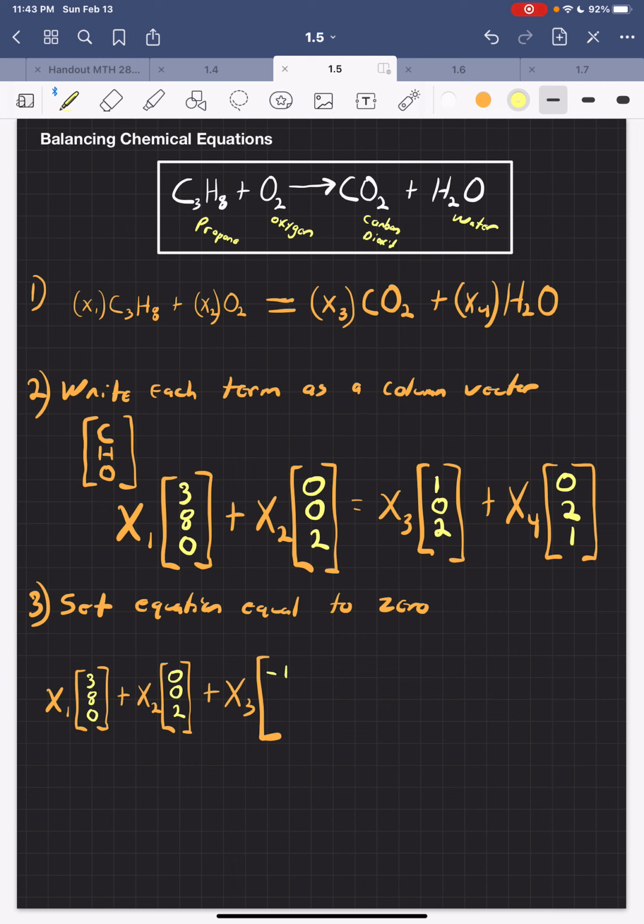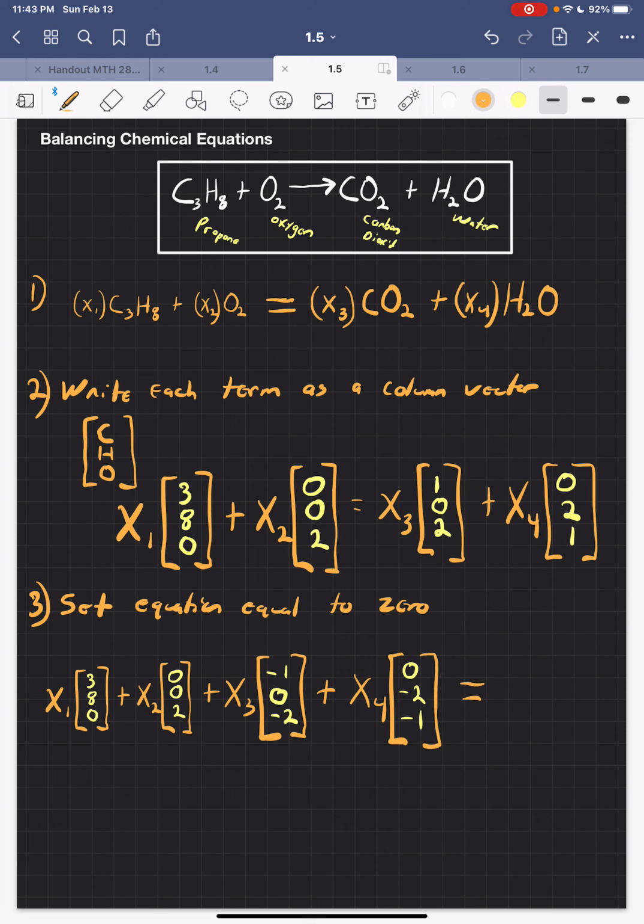Of course, there's no need for a negative in front of the 0, but it is going to be a negative 2. All right, again, we're going to grab that x sub 4 term and bring that to the left side. Again, the sign changes, but we let the sign change inside the vector. So for x sub 4, we have negative 2, negative 1.